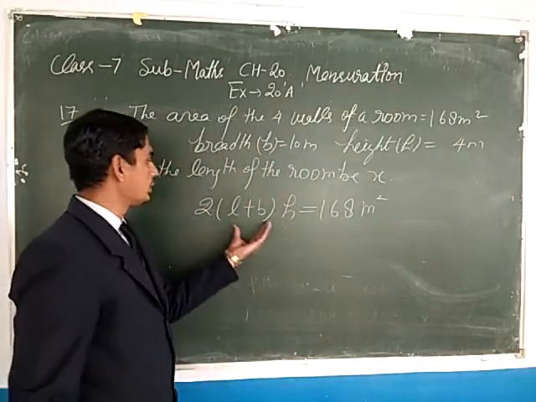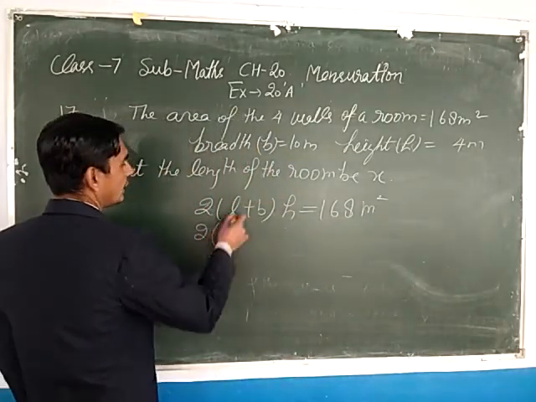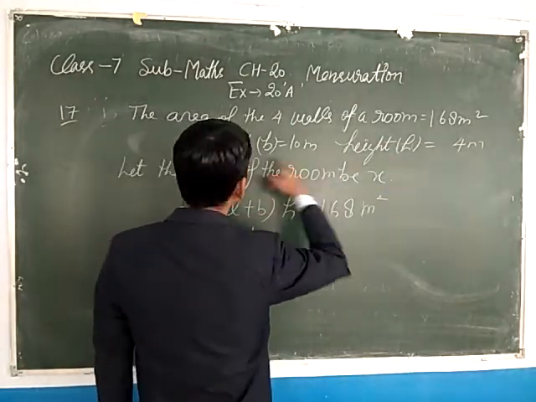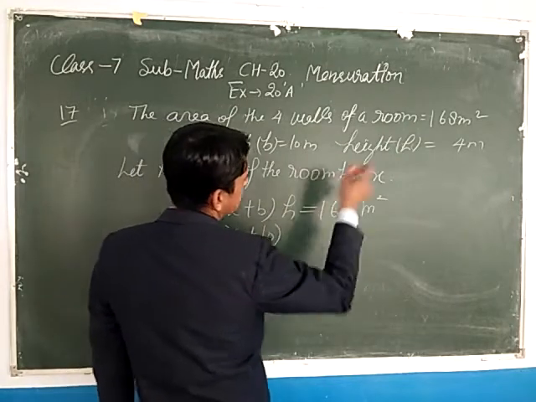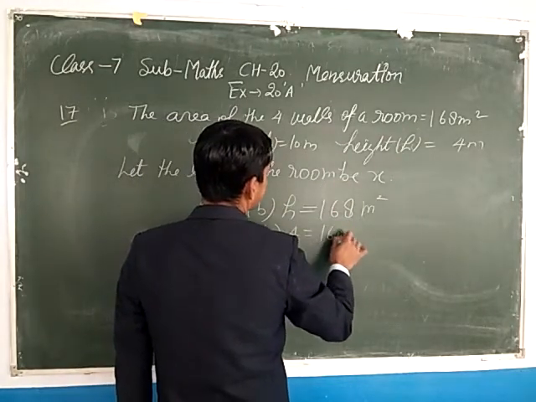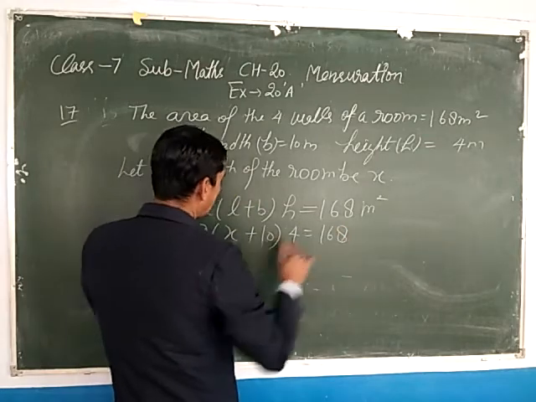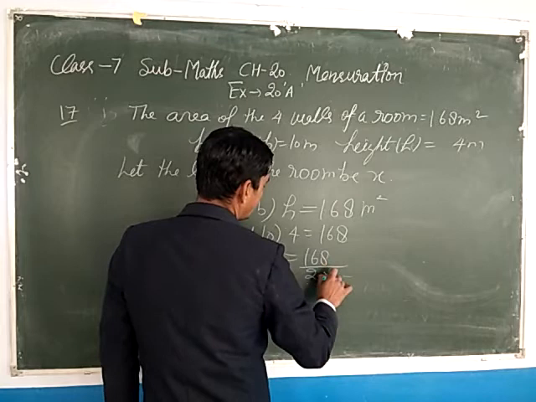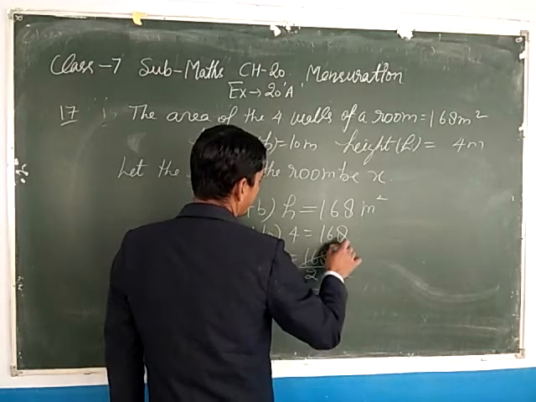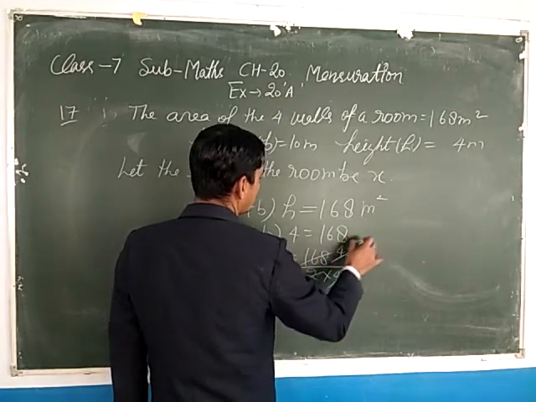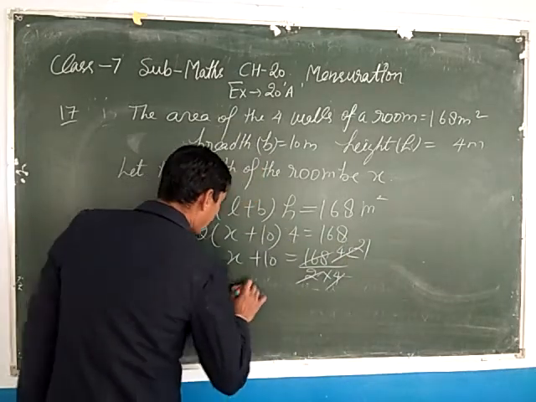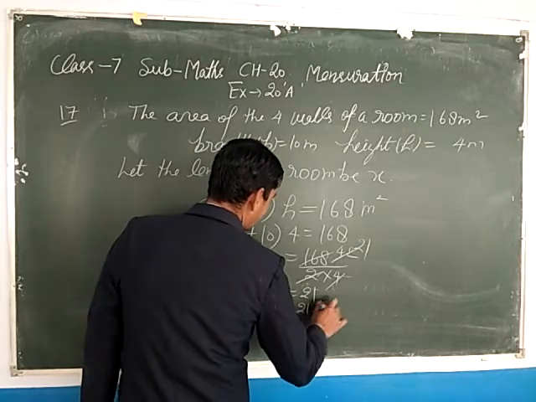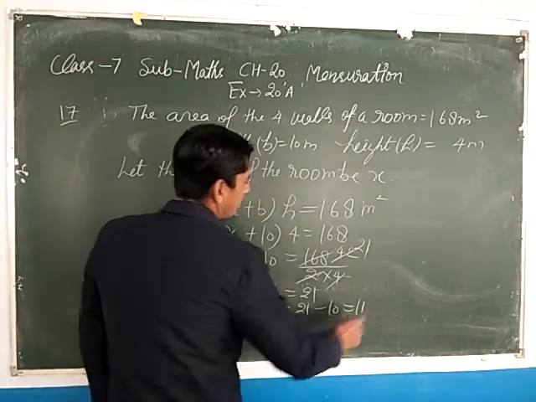Clear beta? Now put all values. Length is x, breadth is 10 and height is 4, equals to 168. Okay, and where will these two values go? Divide, beta. So 168 divided by 2 multiply 4. You know very well 4 fours are 16, 4 twos are 8, 2 twos are 4, and 2 ones are 2. So x plus 10 equals 21, or x equals 21 minus 10, just 11 meter.